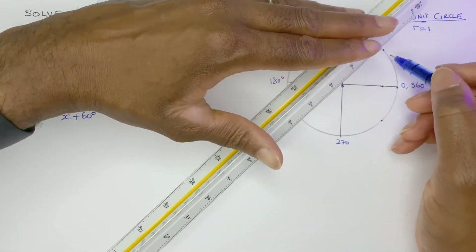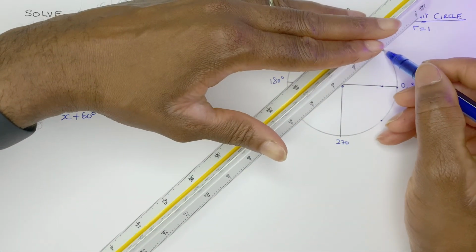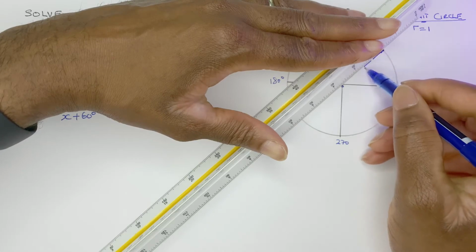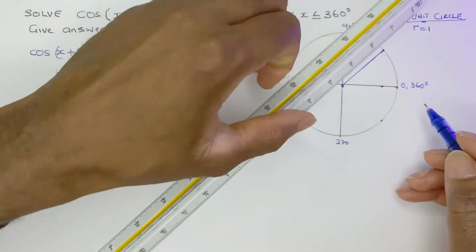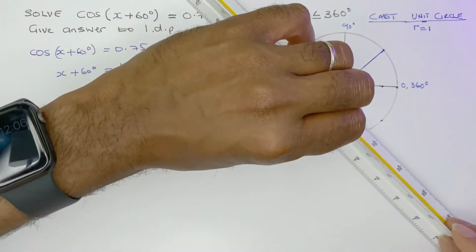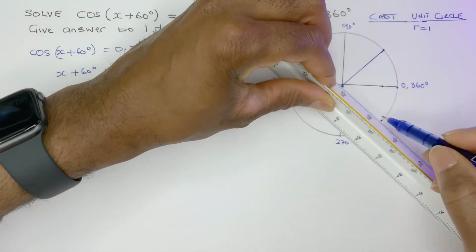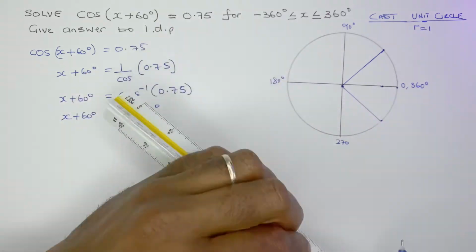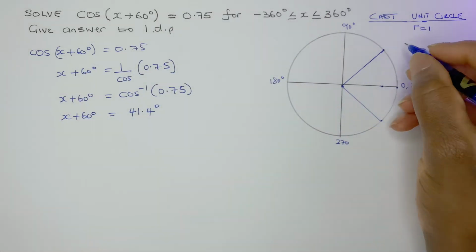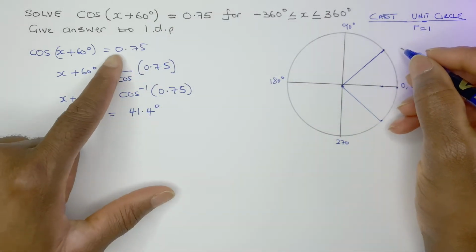So that will be the angle for cos of 0.75 there.